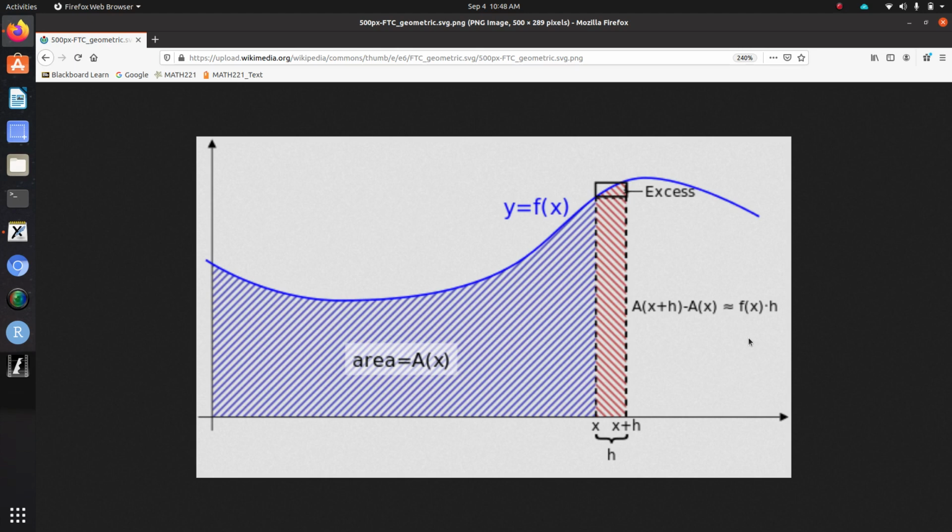This rectangle that we're adding has a width of h, and we're going to assume that the height is roughly the height at the left or the right. It doesn't matter, it just makes it easier. The rectangle is so narrow that we're able to forget this little triangle. And that's actually true, and we've been doing that with the Riemann squares.